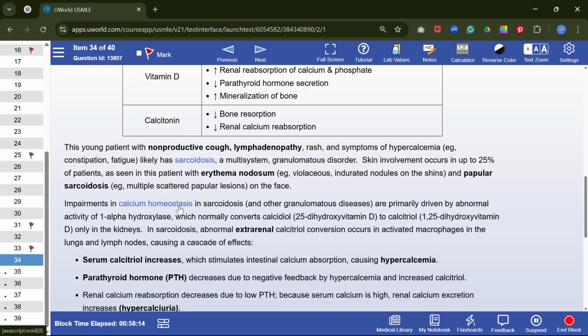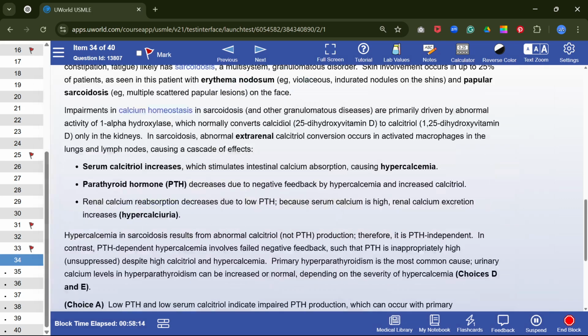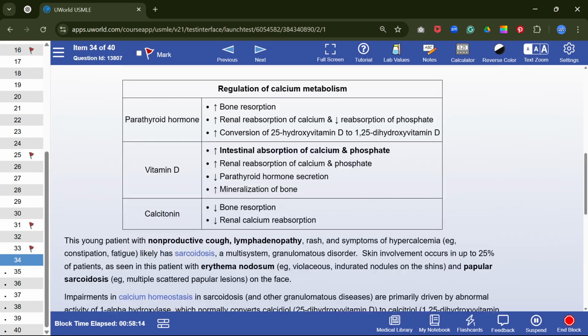It is sarcoidosis. What does she have? That we know. But you search. Calcitriol is 1,25-dihydroxycholecalciferol, like active calcium.